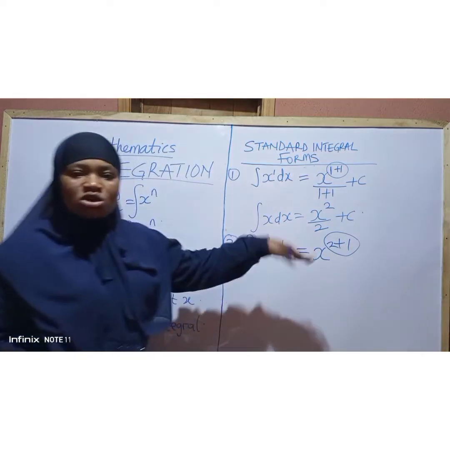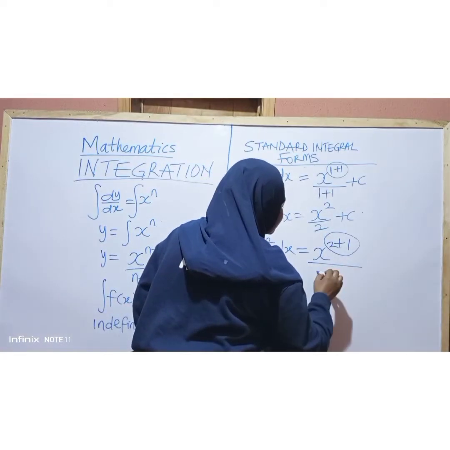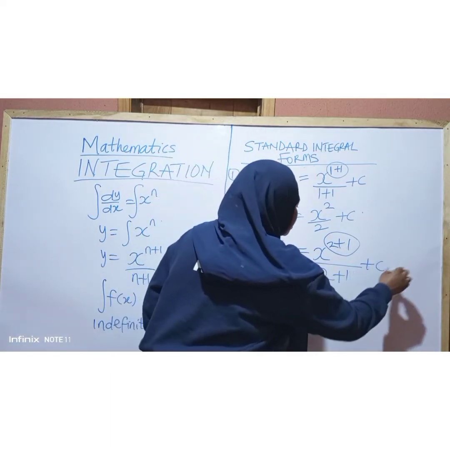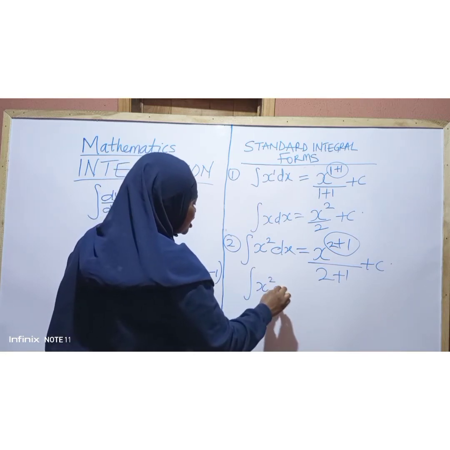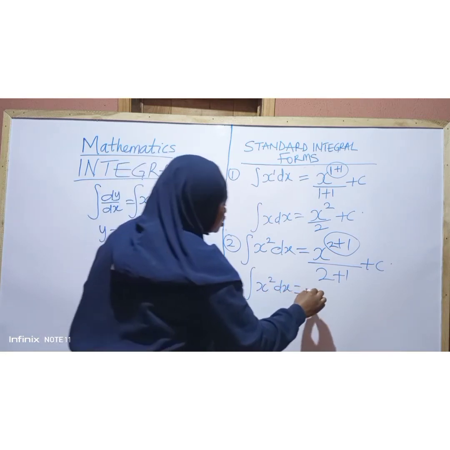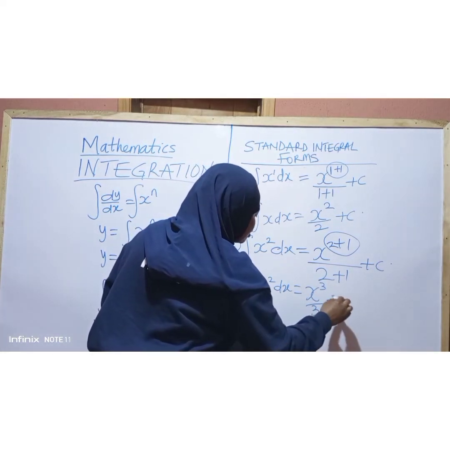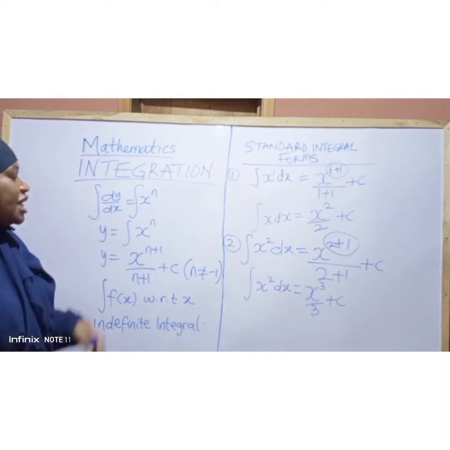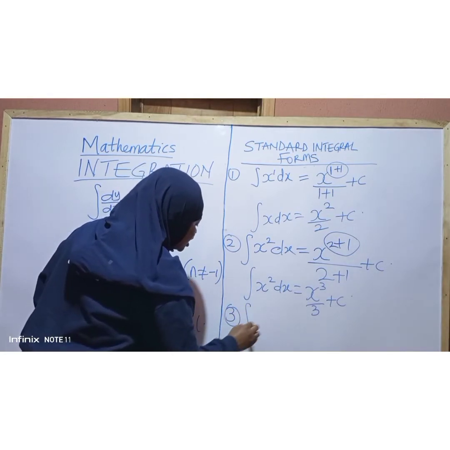You take all the new exponents, which is 2 plus 1, you divide by the whole expression. Then you add c to it. So the integral of x squared dx is equal to x cubed divided by 3, then plus c. So that's that.